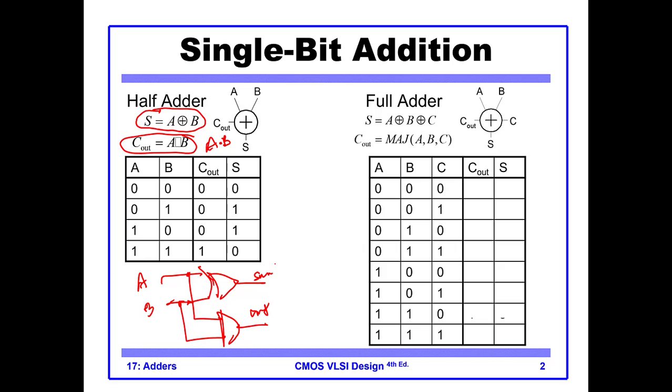In a full adder, we have an additional input that is called carry in. So this is the truth table with carry in, and we know how to compute the equations of S and C out from our basic DLD course. And here we see that C out is basically a majority gate. So C out is the majority of A, B and C, and S is a 3 input XOR gate.